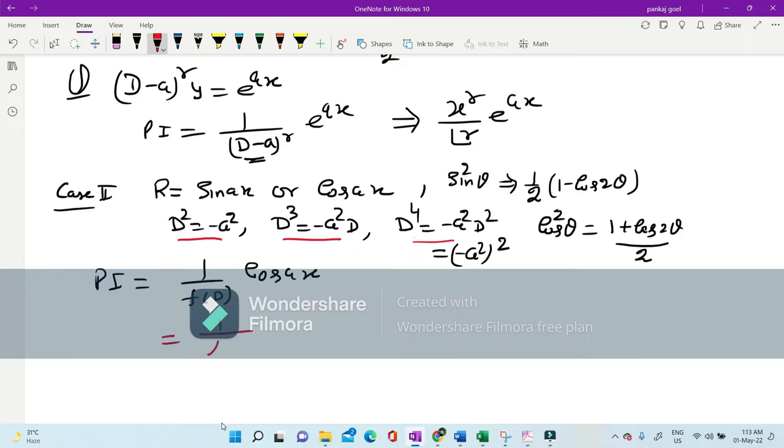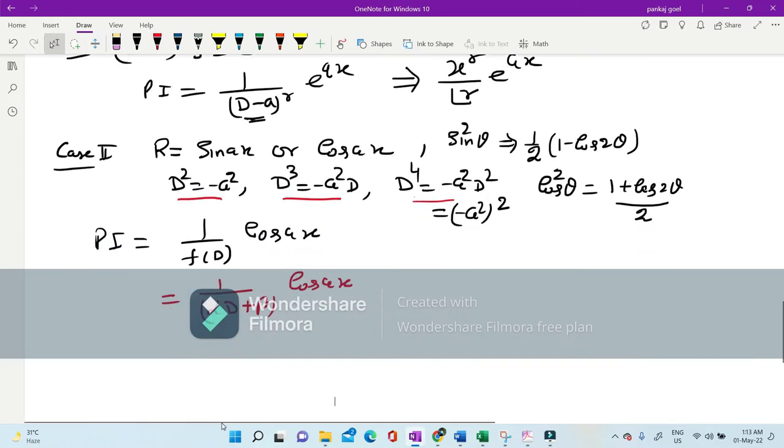So we can write this as 1 upon alpha d plus beta, and this cosine of ax. After that, we will rationalize the denominator and then solve.